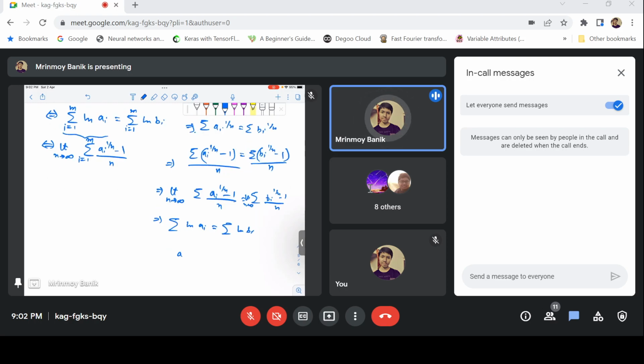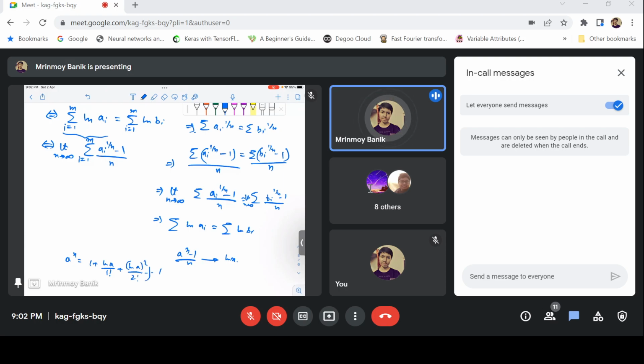Why is that? Since a power x minus 1 by x goes to ln x. Does it go to ln x? It goes to ln x. It's the expansion of a power x. A power x is an expansion of 1 plus ln a by 1 factorial plus ln a squared by 2 factorial.